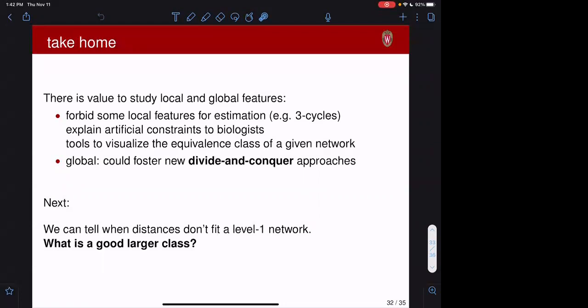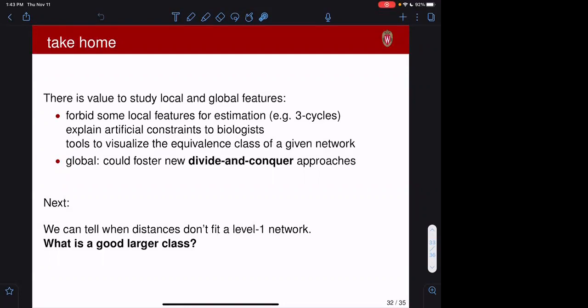It doesn't mean that we're making assumptions. For example, if we are constraining all the hybrid edges to have length 0, it doesn't mean that we assume they have length 0. It means that we just constrain them to have only one network from the equivalence class. And so I think it will take some work to explain to biologists that these are artificial constraints.